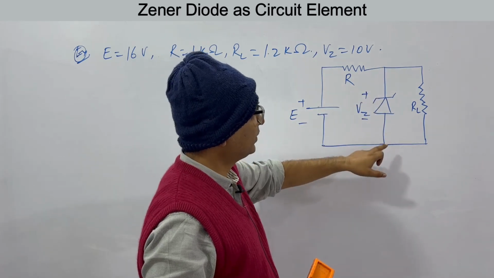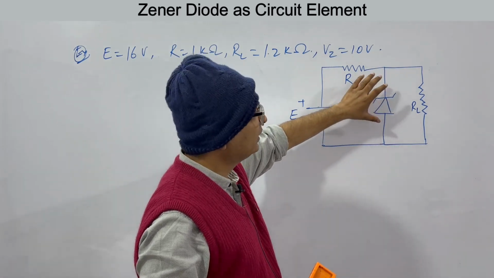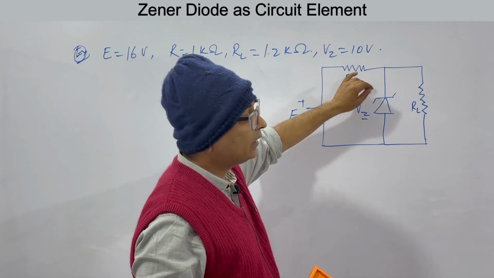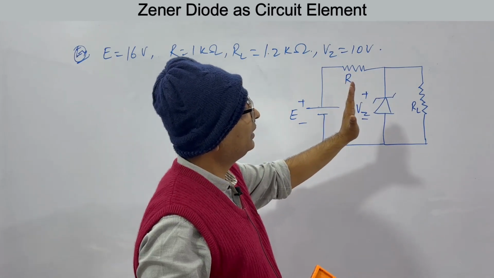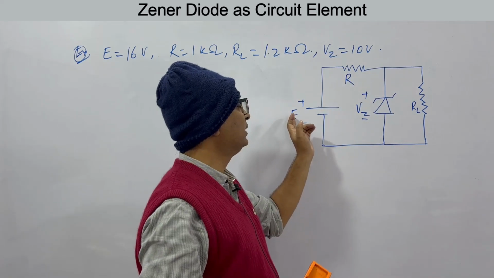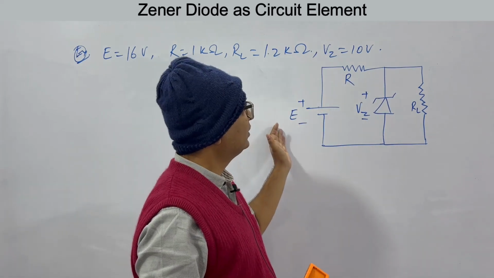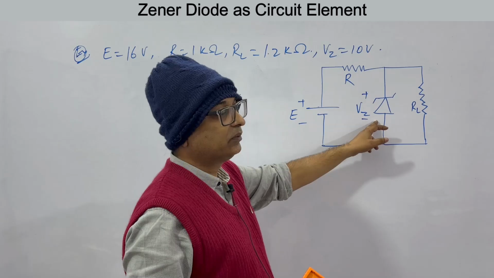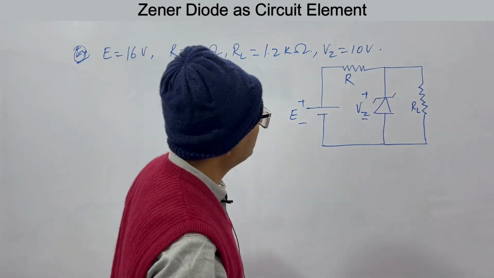If the voltage drop across it is above 10 volts, the Zener will be in on state and VZ will be maintained. For example, if this is 10 volts, it stays 10 volts. Then you can keep on increasing E, the value of VZ will be the same, that is 10, and whatever current flows.